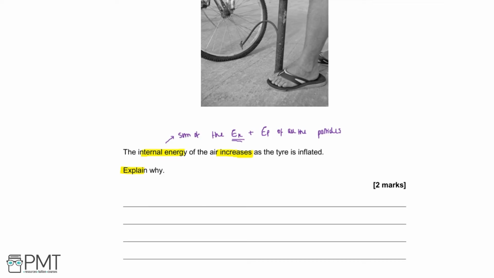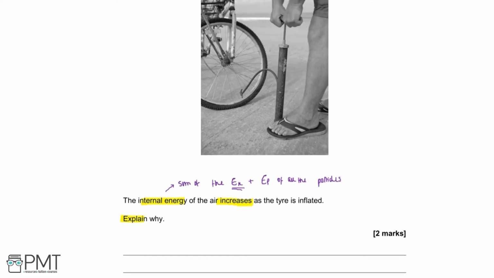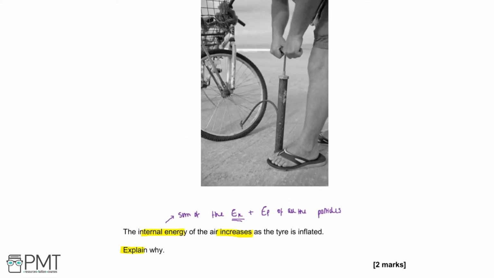And for this question, what we want to focus on is this process in terms of energy transfers. So what the man here is doing is transferring energy to the air in the tyre. He's doing work on the air in the tyre because some of the chemical energy from his body is doing work, he's pushing down on the pump, is being transferred to the kinetic energy store of the particles.